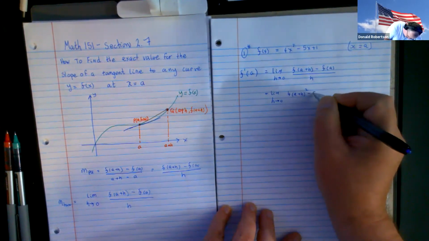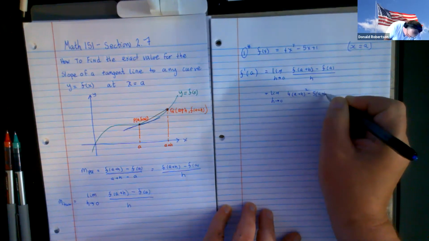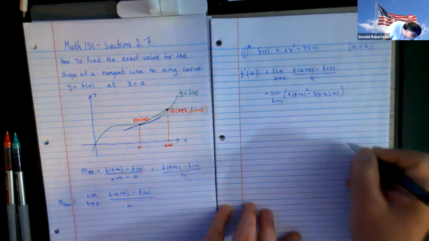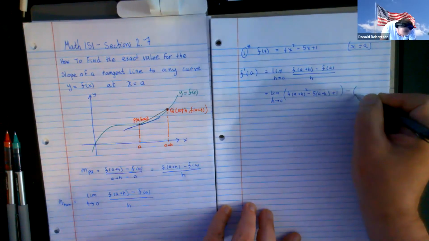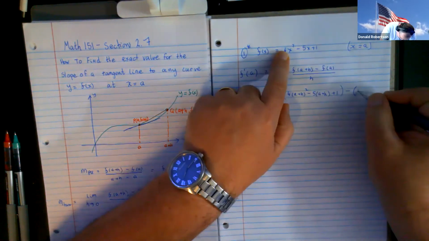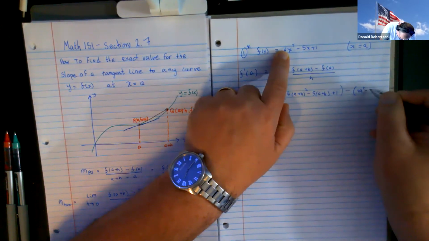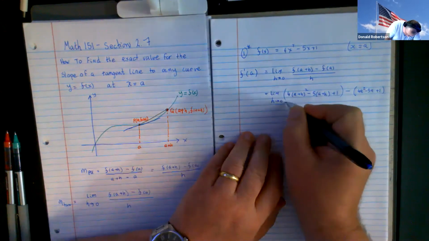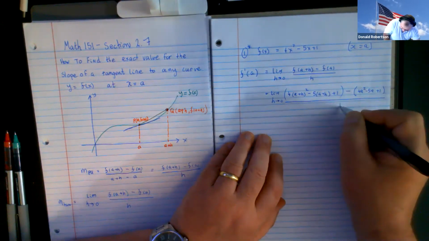Take away 5 lots of a plus h. That's not a big deal. Plus 1. Okay, that's the first guy. Take away f of a, which is 4a squared, take away 5a plus 1. And the whole thing is over h.